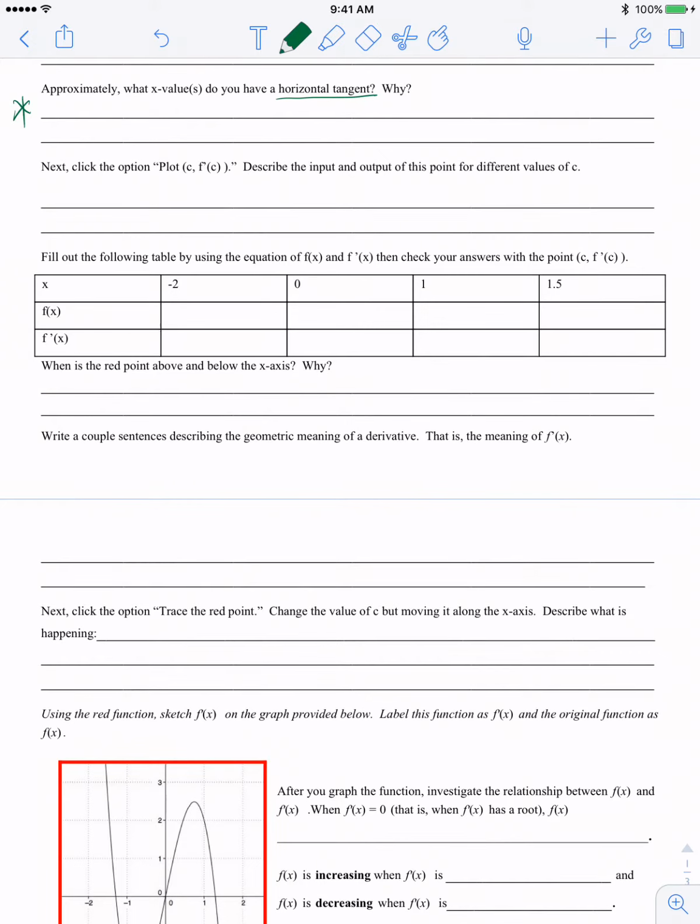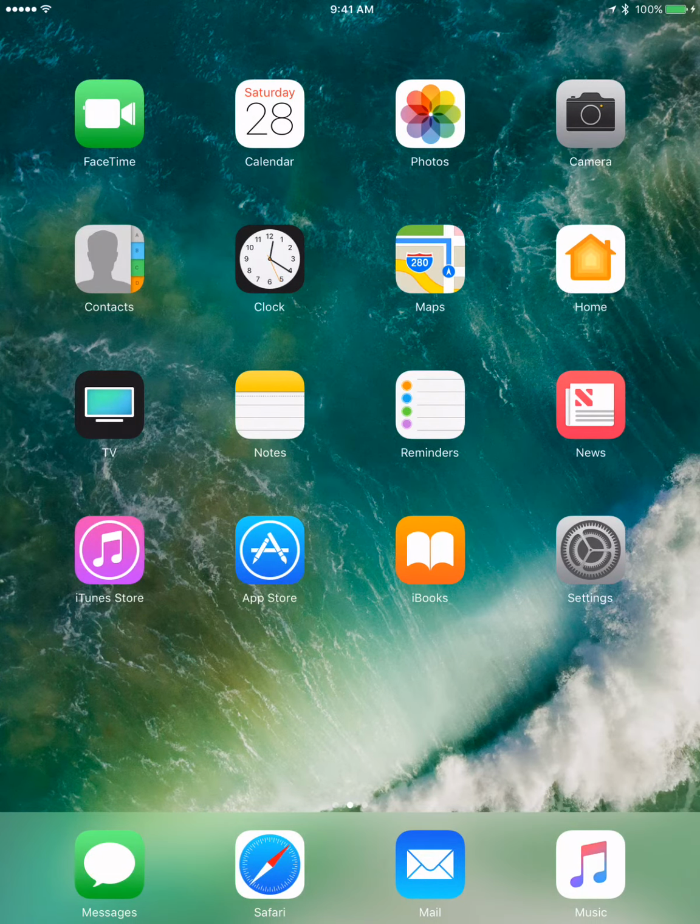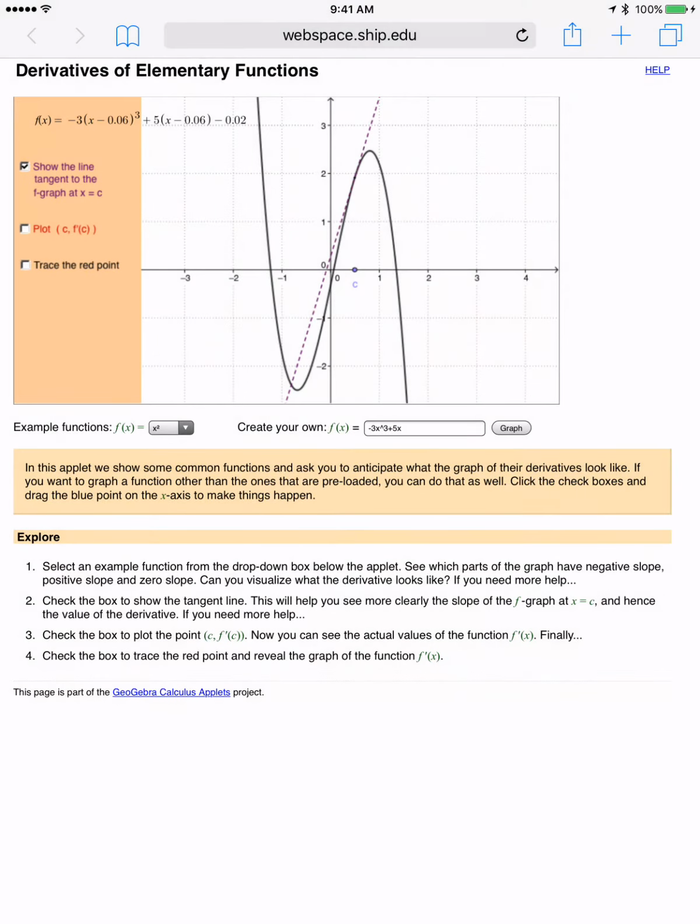Next, click the option plot c, f prime of c. Describe the input and output of this point for different values of c. There we go. So I'll hit the button, click, and I'm going to plot this point.